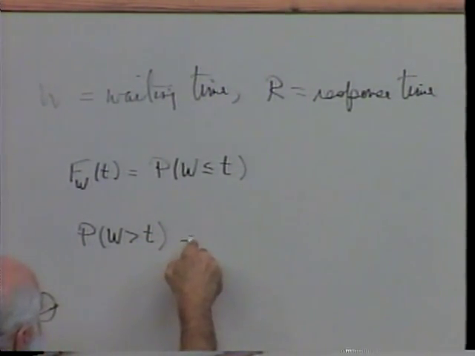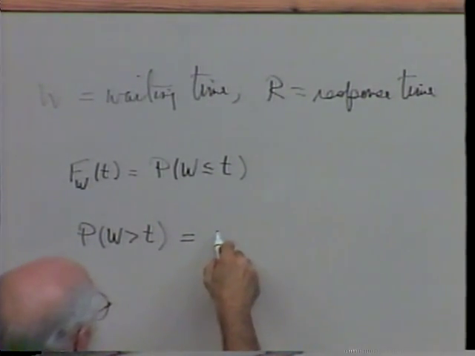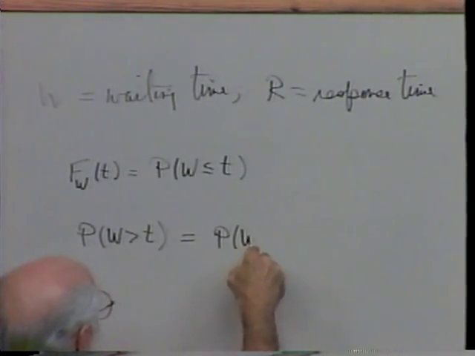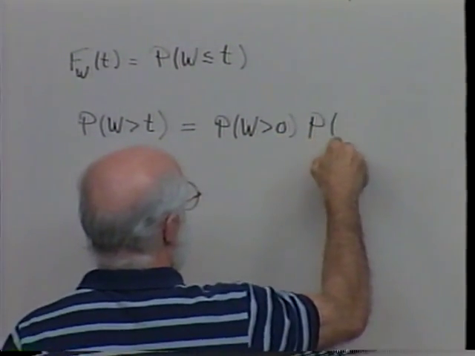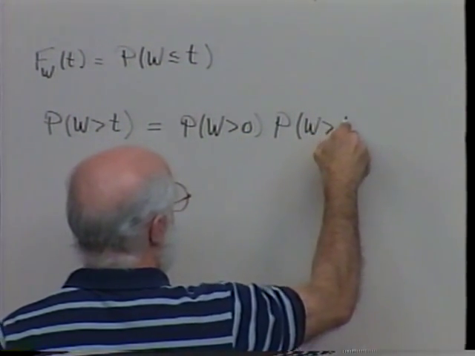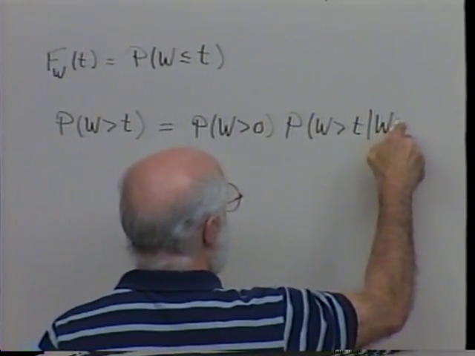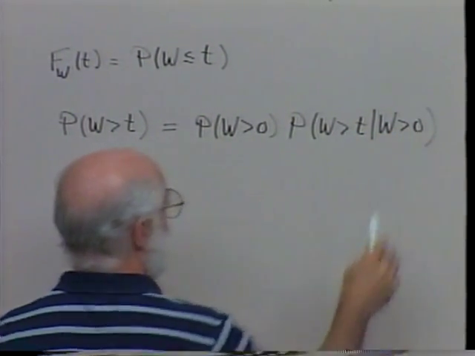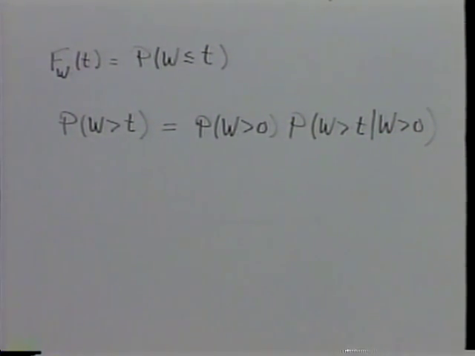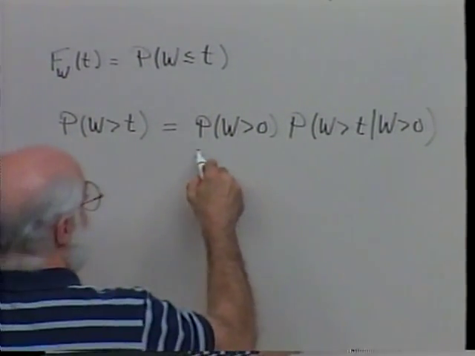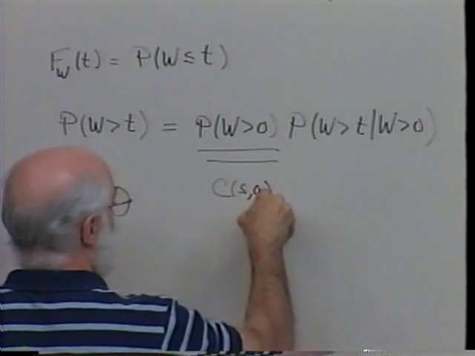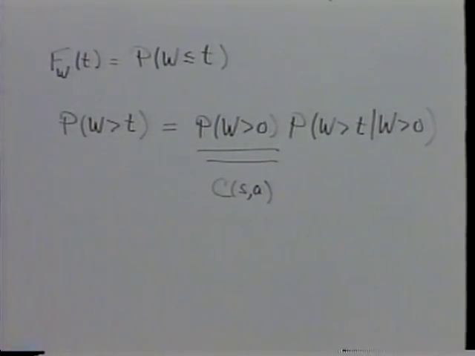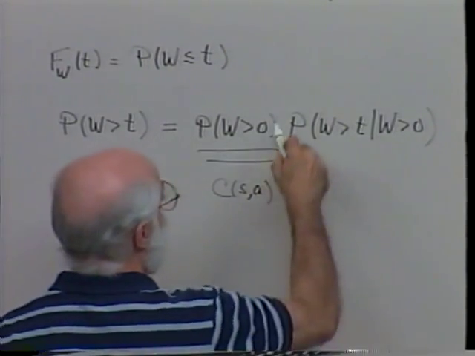Now, the probability that the waiting time is greater than t can be written as the probability that the waiting time is greater than 0 times the probability that the waiting time is greater than t given that the waiting time is greater than 0. This part we already know. That's the Erlang C value. So that means that my calculation is reduced to this part.